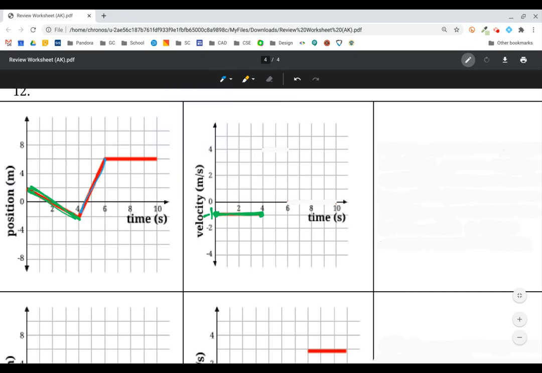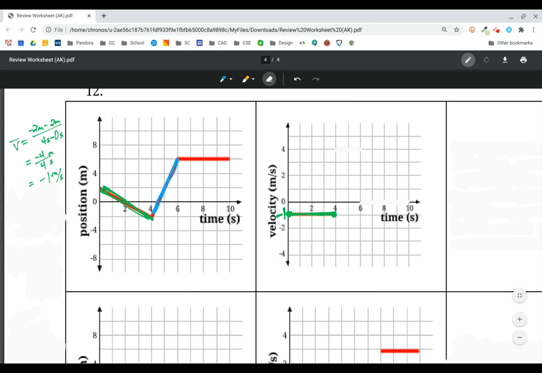Then we have the next chunk, because this is a different slope than the first 4 seconds, and so for this slope, we need to do another calculation, which gets us a positive 4 meters per second. And so we'll go to positive 4 on the velocity time graph, but we're going to start this at 4 seconds and then go to 6 seconds.